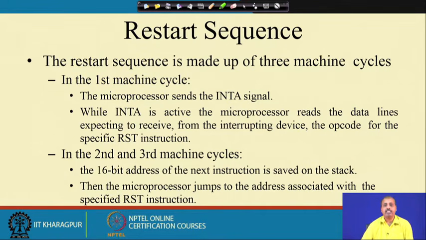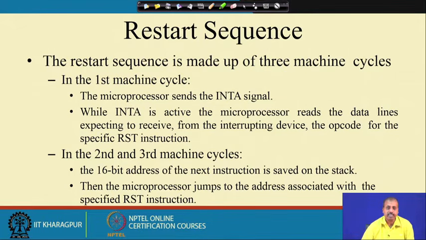Getting the INTA signal, the device is expected to put the address of the ISR onto the data bus, in terms of one RST instruction. So, after sending the INTA signal to the device, the processor will read the data bus lines, because it is expecting that the device has put one RST instruction onto the data bus lines.